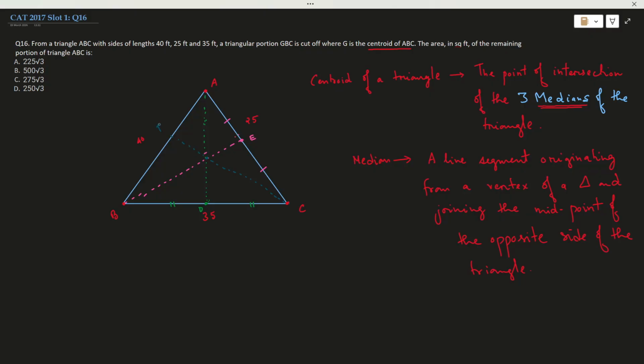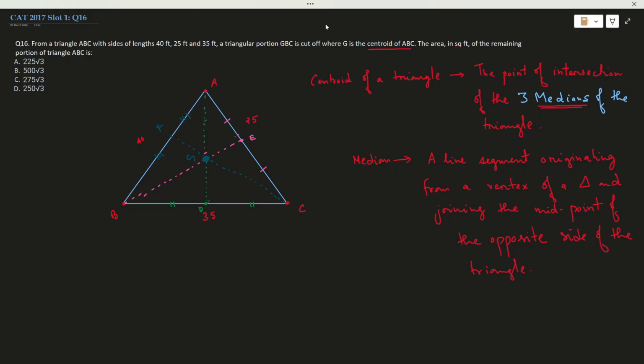So this length is equal to this length. So these are the medians. Medians means the line segment originating from a vertex of a triangle, and this line segment joins the midpoint of the opposite side of the triangle. Now these three medians are intersecting at this point. Then this point is known as the centroid of the triangle, which is represented by G.